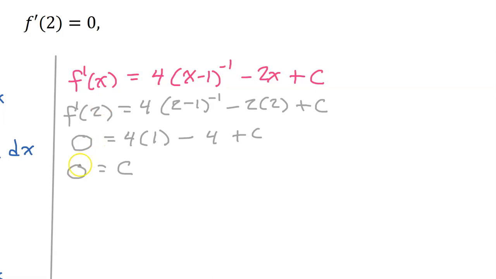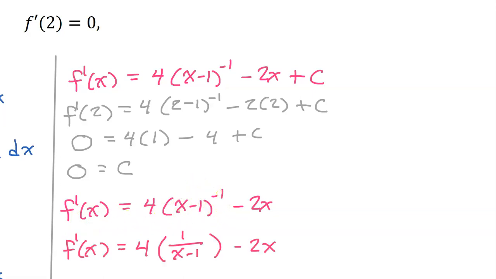Let's go ahead and rewrite the original equation that we found, putting in 0 for c. So here is the equation for f prime. Let's just rewrite this without the negative exponent. And here it is. In order to solve this differential equation, we need to integrate again. So let's integrate both sides of this equation.